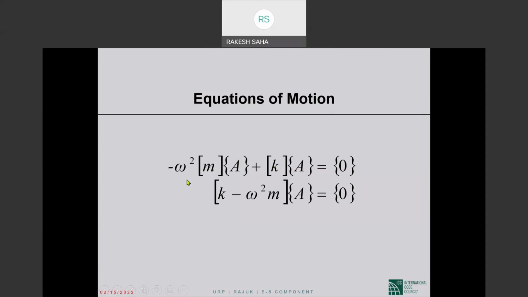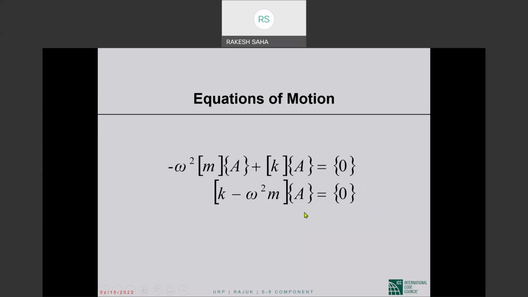So the acceleration is negative omega squared times a, and the displacement is a, since the right hand side is 0, the sine omega t does not have any significance. So if we rewrite it, k minus omega squared m, this is a matrix, times the vector of amplitudes is equal to the null vector.